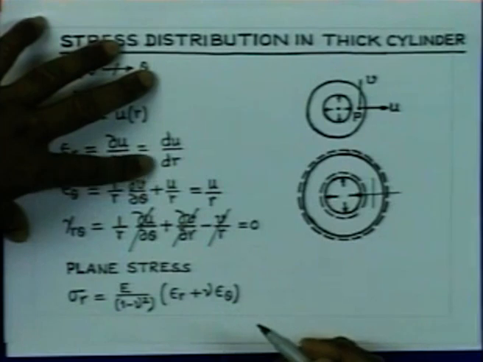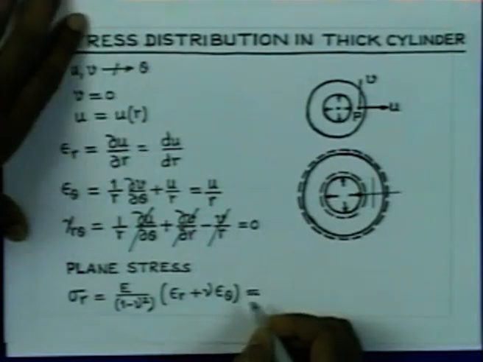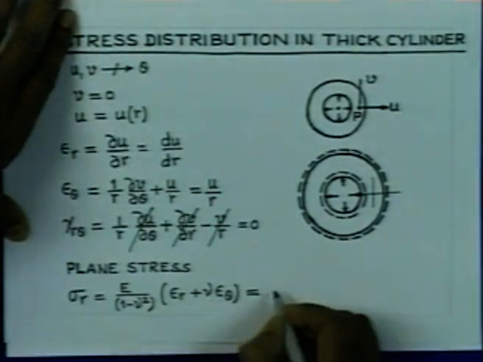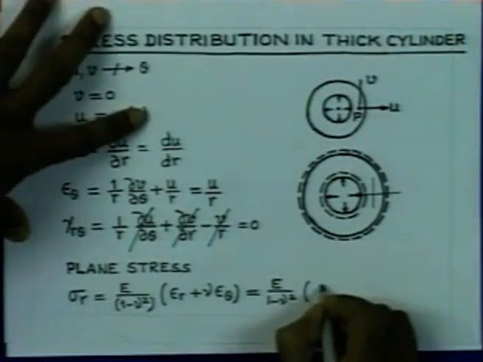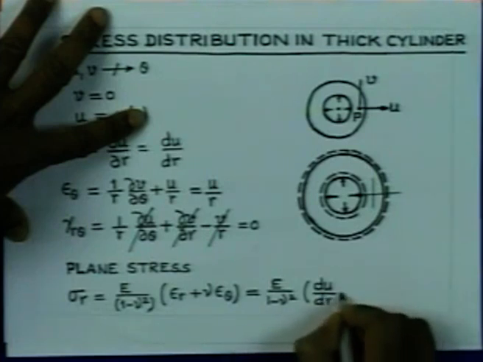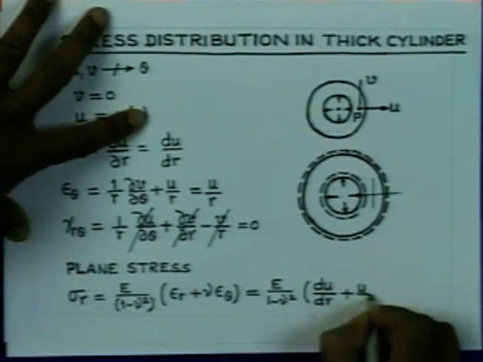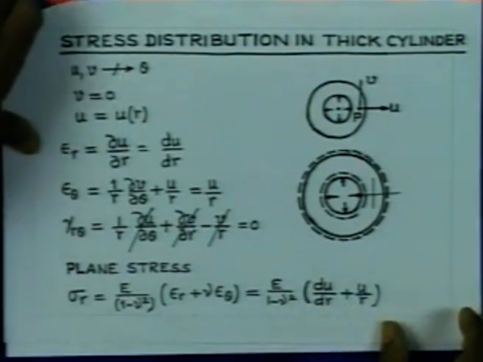That is the stress in the radial direction, and if we substitute the values of these strains, then the stress is given by E by 1 minus nu square times du dr plus nu u by r. This is the expression for the radial stress.